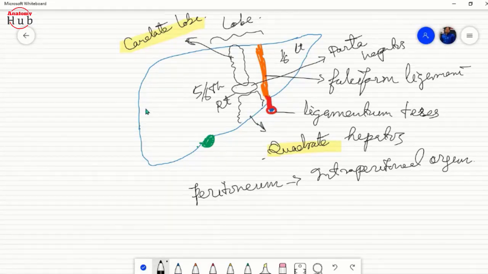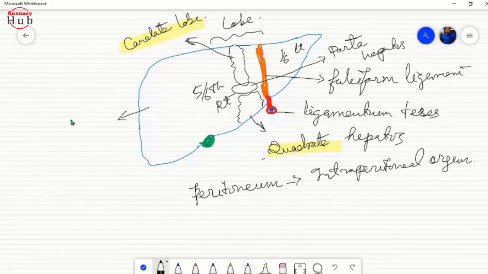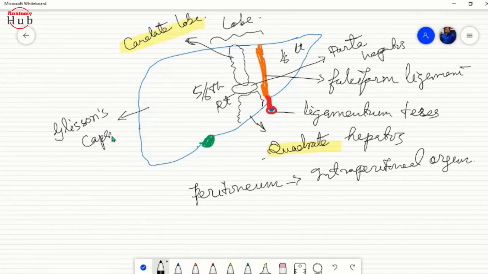That capsule is known as your Glisson's capsule. What is that? It is made up of connective tissue. So this Glisson's capsule that surrounds the whole liver is a strong connective tissue.